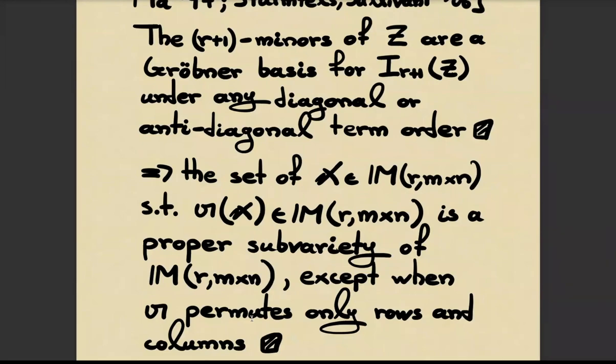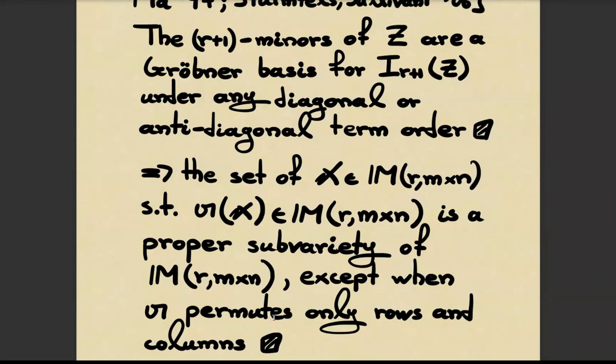And this fits with the intuition. If you have a matrix of rank r and you permute the entries, probably the rank will go up. So this is a formal expression of this fact. One more time, the set of matrices of rank r such that if I permute them with some permutation they also stay of rank r is a proper subvariety of the variety of rank r matrices, except when the permutation is this innocent permutation.